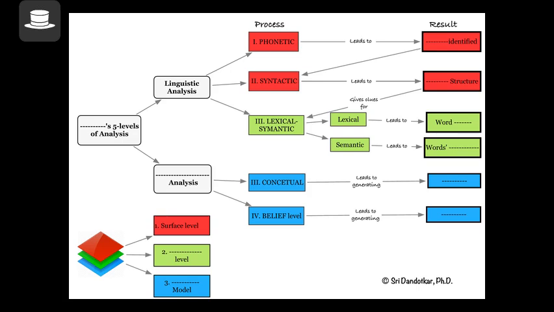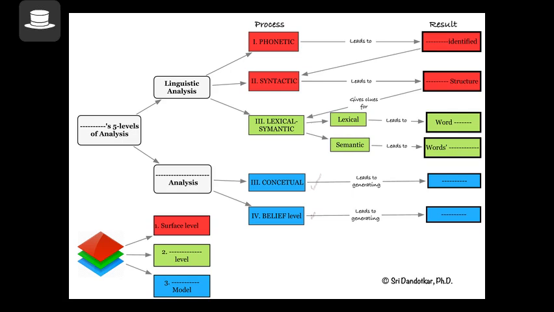The surface level is coded red, the text base is coded green, the lexical semantic is coded green, and the situation model is coded blue. You can see the conceptual and belief levels are coded in blue, giving some clues about how this might be related. You did a great job in the weekly discussions.